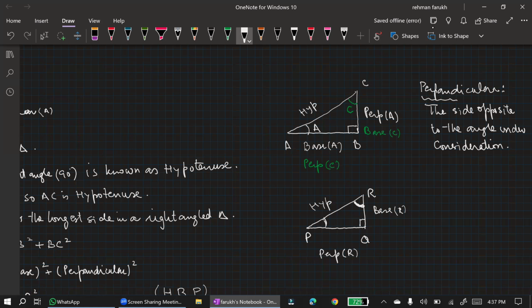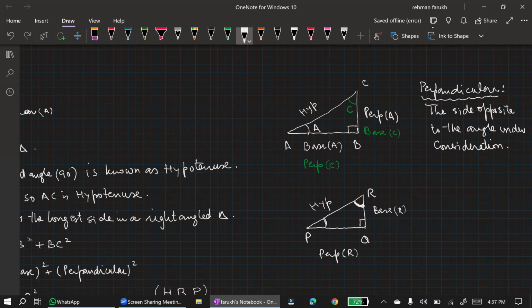The angle under consideration may be different. It may be A or it may be B. Keep it in your mind that we will not consider 90 degrees as the angle to decide about the base or the perpendicular. The side opposite to the 90 degree is always the hypotenuse. We will consider the other two angles, the angles other than 90 degree.